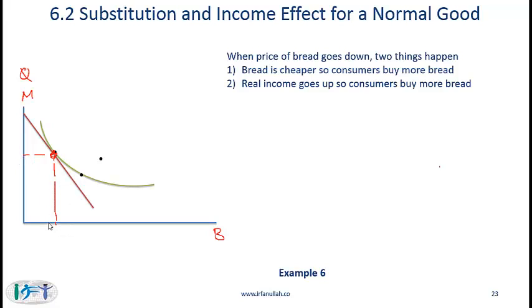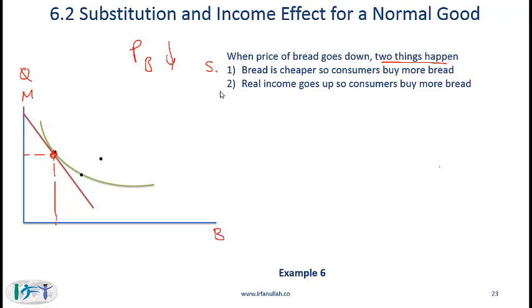Now let's say that the price of bread goes down. When the price of bread goes down, two things happen. Bread is cheaper, so consumers buy more bread. This is called the substitution effect. Also, since the price of bread is down, your buying power is higher.